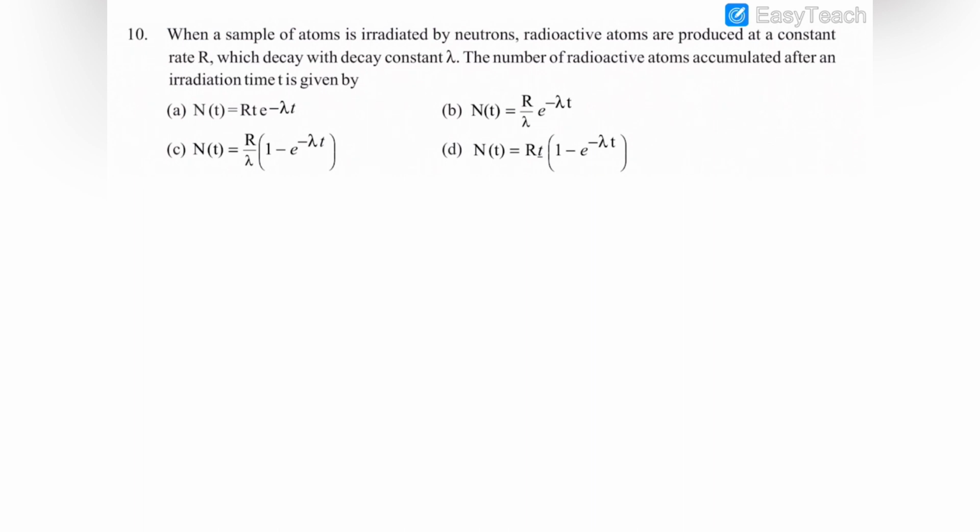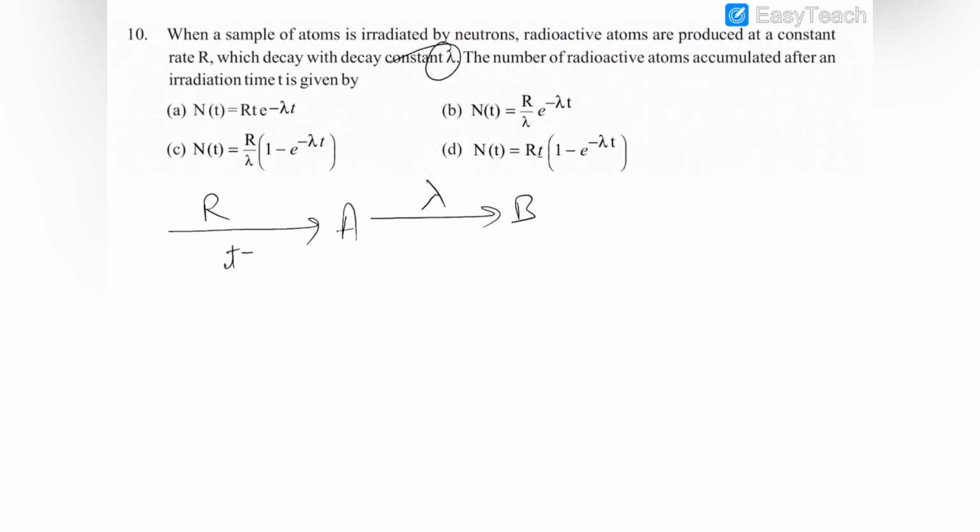So, some neutral atoms are kept, and those neutral atoms are bombarded with neutrons, and as a result of that, some radioactive atoms are produced at a constant rate of R. So, let us name the atoms as A. These atoms further decay with a decay constant of lambda, and let us assume that they decay into B. So we have to find out the number of atoms of A accumulated at time t.